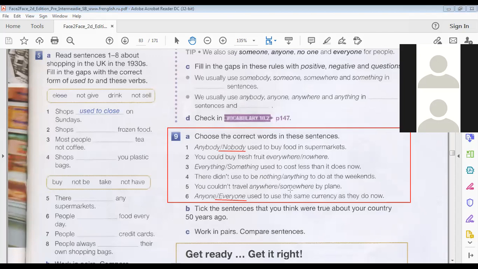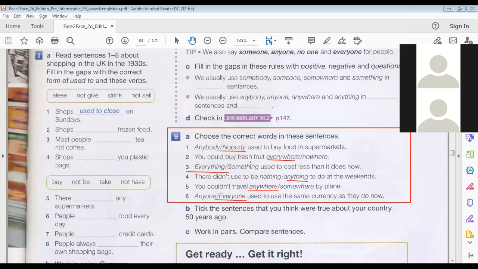So let me just mark the answers. You could travel anywhere by plane. There wasn't anything. Yeah. I think we forgot number 3. Or did we do it? Did we do number 3? Anyways, this is number 3. Everything used to cost less than it does now.